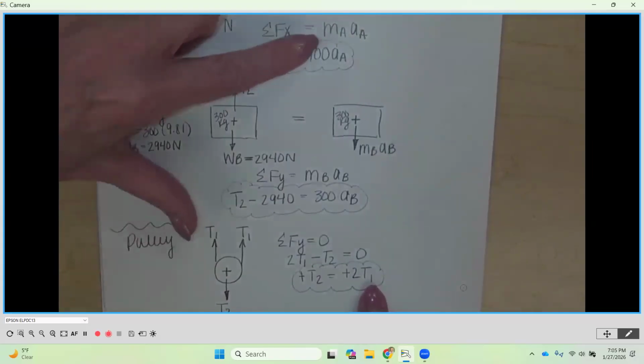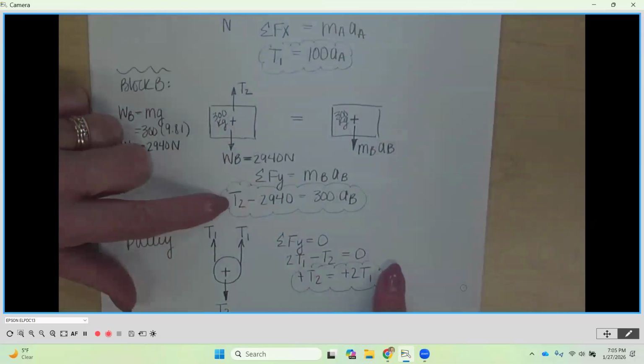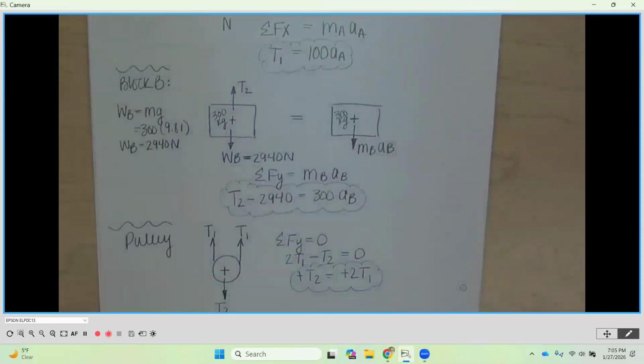Perfect. If I look at acceleration of A, it's only in this one. I needed another equation. T2 is in 2 equations, so that's in good shape, but the acceleration of B is also only in 1. So I need another equation with acceleration.